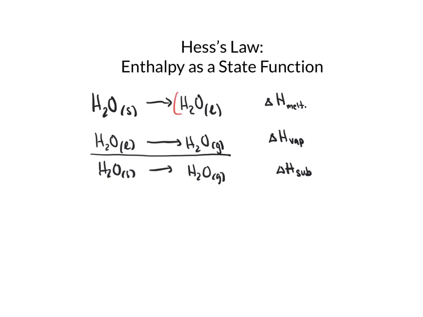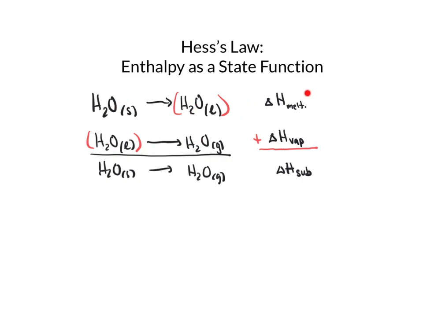So this liquid state is an intermediate state, and when we calculate the delta H for this process, we will find that if I add up the delta H for the melting and the delta H for the vaporization, it will equal the delta H of sublimation, because the overall process has to have the same change in enthalpy as the 2-step process.